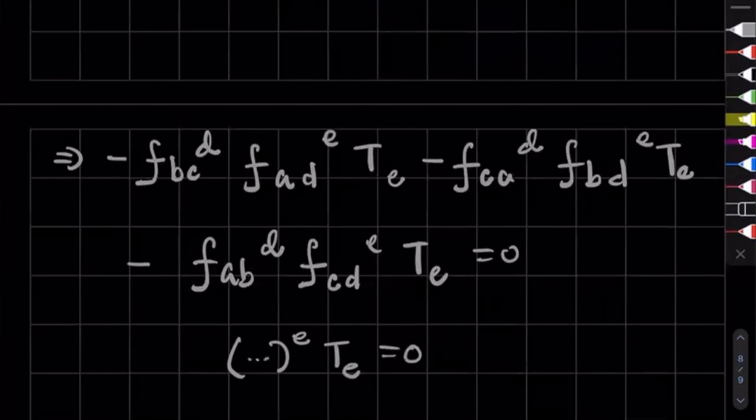So we have two choices. Either this thing is 0 or this thing is 0. And these are all linearly independent and they are not 0. So it must be that the coefficient is 0.